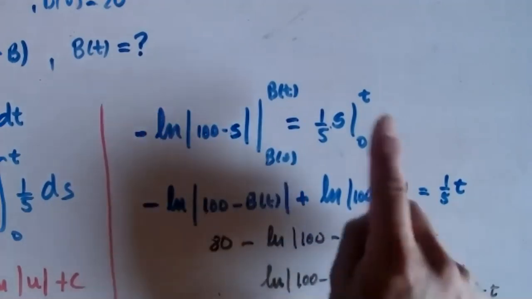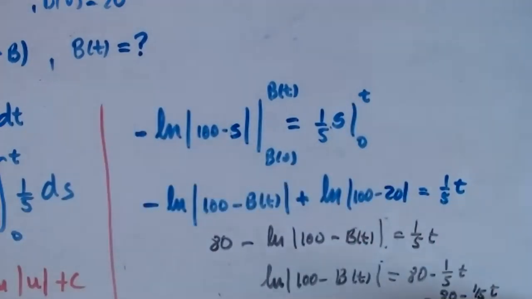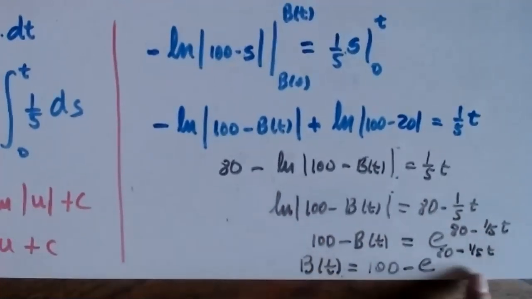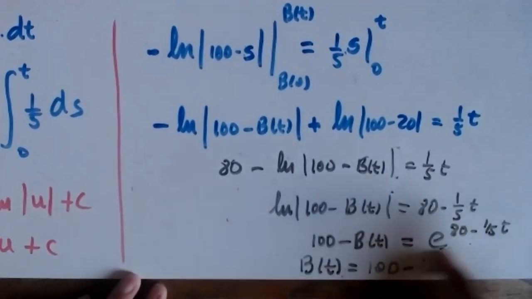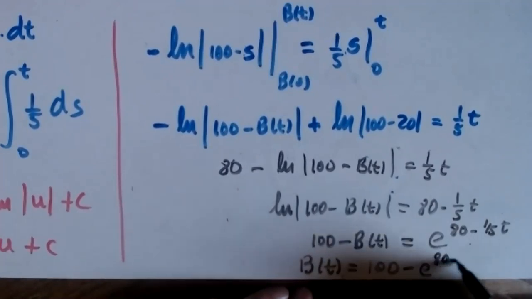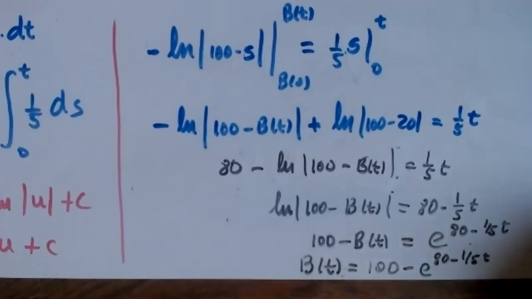You get 1/5 of t minus 1/5 of 0. Then you do your algebra, you solve, and then you get your function, correct? Let me just put it better. This is e to the 80 minus 150. So that's my answer.